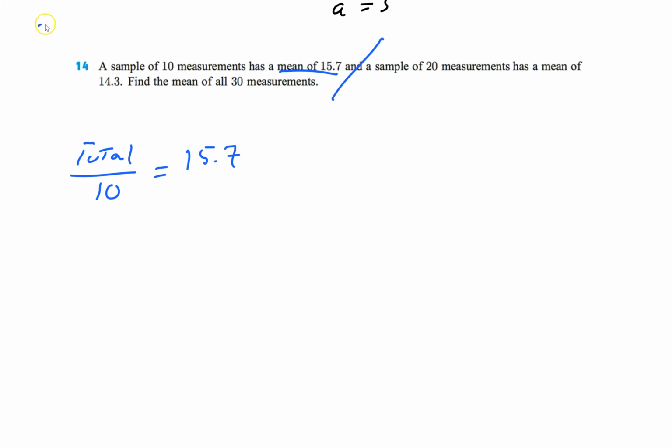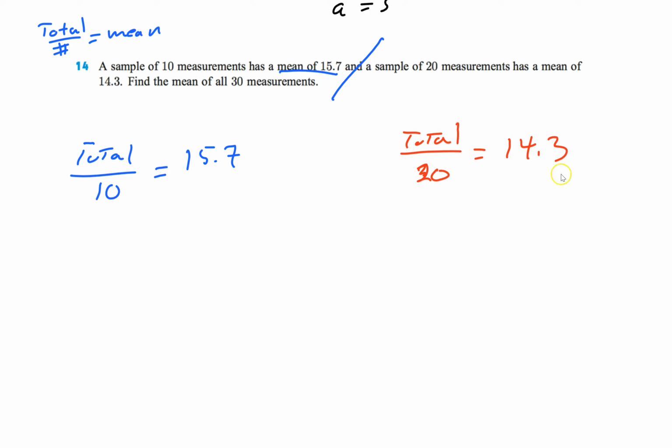Our general formula is total over number equals the mean. Then here we have the total of 10 things over 10 equals 15.7. And on this side, same idea with the total, which we don't really know yet, over 20 items, equals 14.3.